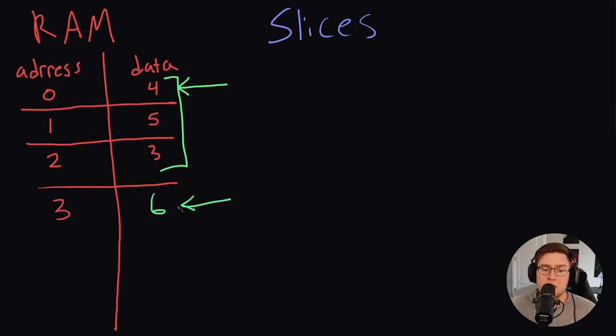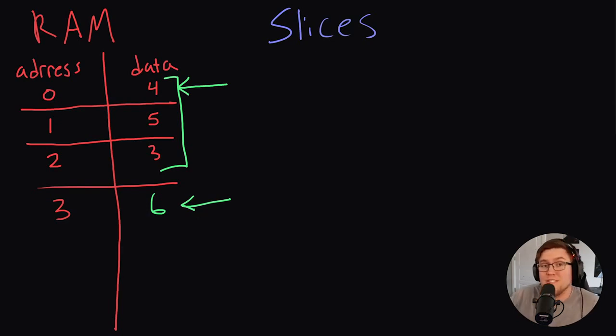This is some other variable. The problem is, if we want to expand our slice, say add another value to it, we're going to run into the next thing in physical memory. That's a huge problem. We don't want to overwrite some other variable just because we're growing our slice. So this is why arrays are fixed in size. If we just can't grow them, then we'll never have this overwriting problem.